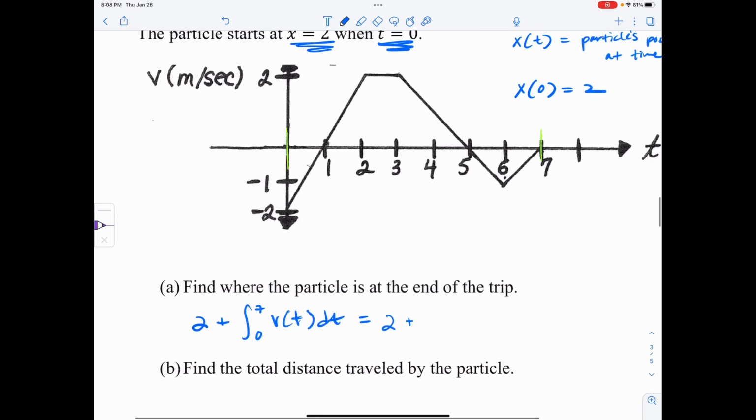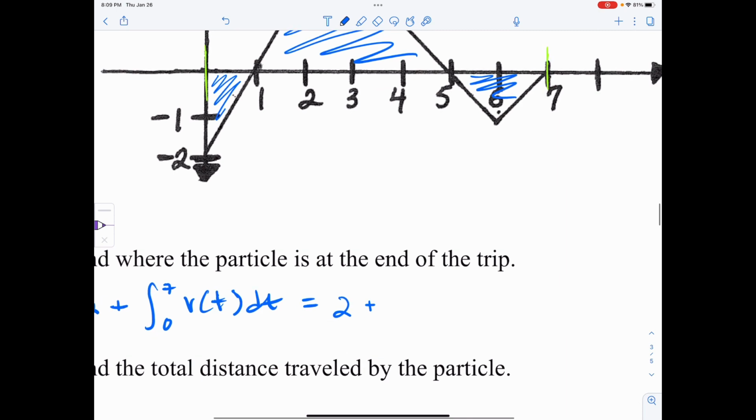In order to evaluate this definite integral, we are going to have to use some geometric formulas. So we want to calculate this area, well, that's going to be negative area, right? And then positive area and negative area. From 0 to 1, that triangle is going to be negative area, I mean. So it'll be minus 1/2 base times height would be 2.